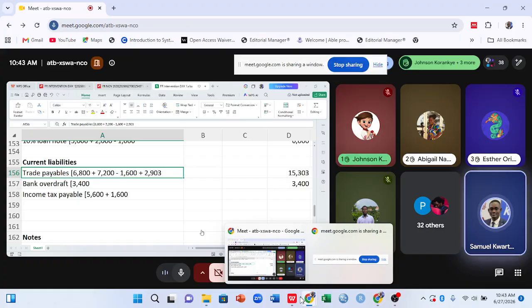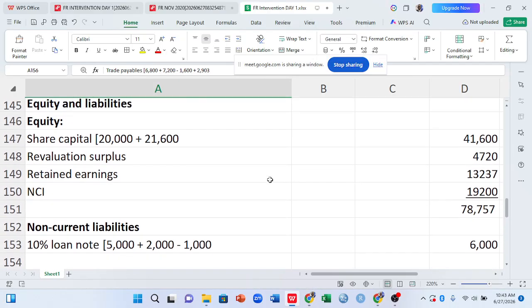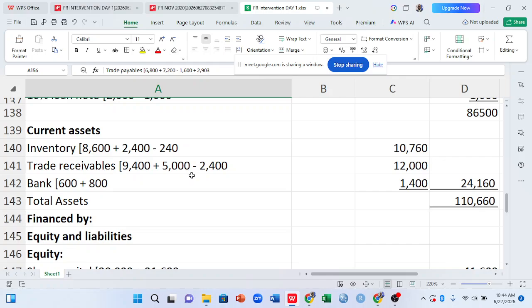Did I add anything over there? Get your facts right. I rather less the 2,400. That's the balance that was owed to the other entity in the intra-group transaction.